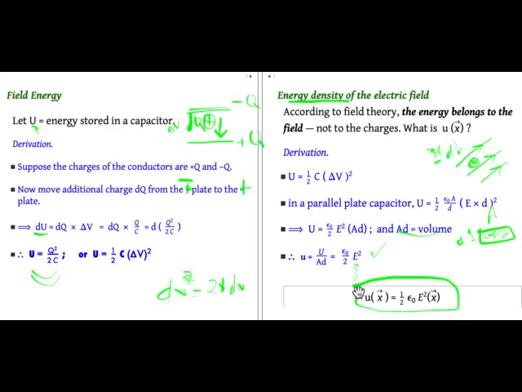It relates electric fields to energy. The energy per unit volume, the energy density, is 1/2 epsilon 0 E squared. Goes like the square of the electric field. And we'll see applications of that throughout the semester.